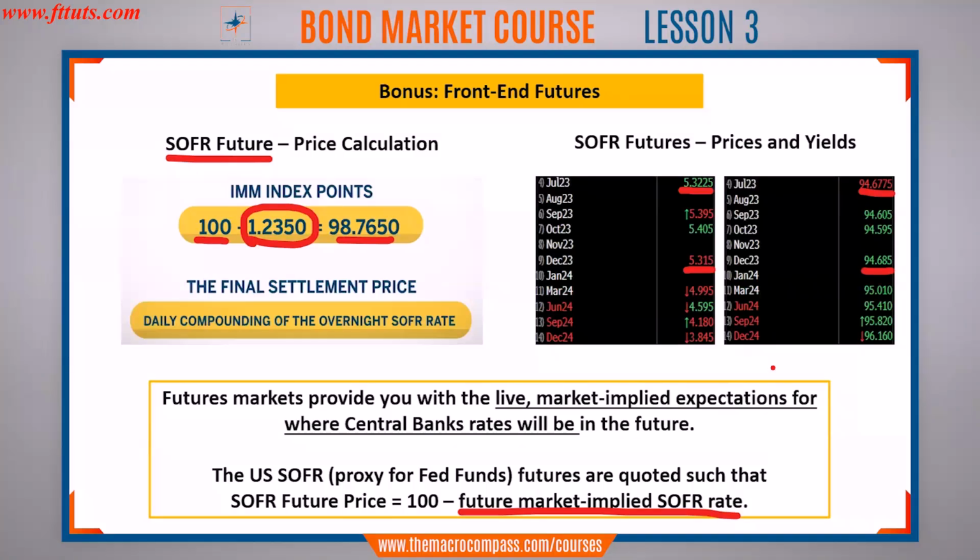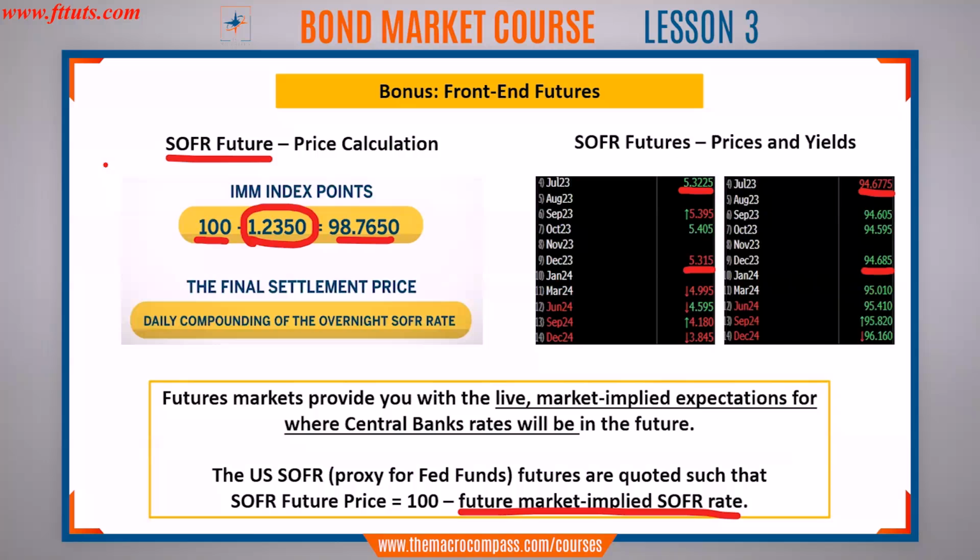Front-end futures, SOFR futures, are a very convenient, important way to track the market expectation for future risk-free interest rates. So this is something else to add to your arsenal of tracking OIS rates, T-bill yields, Euribor where available, and short-end credit yield where available.